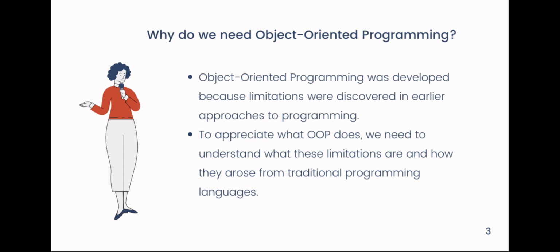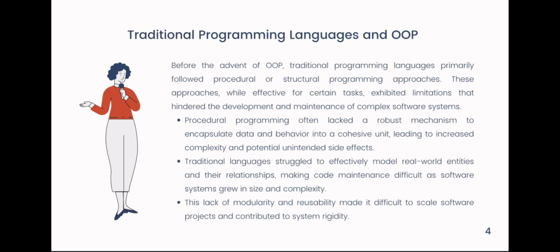Traditional programming languages and object-oriented programming. Before the advent of object-oriented programming, traditional programming languages primarily followed procedural and structural programming approaches. These approaches, while effective for certain tasks, exhibited limitations that hindered the development and maintenance of complex software systems.